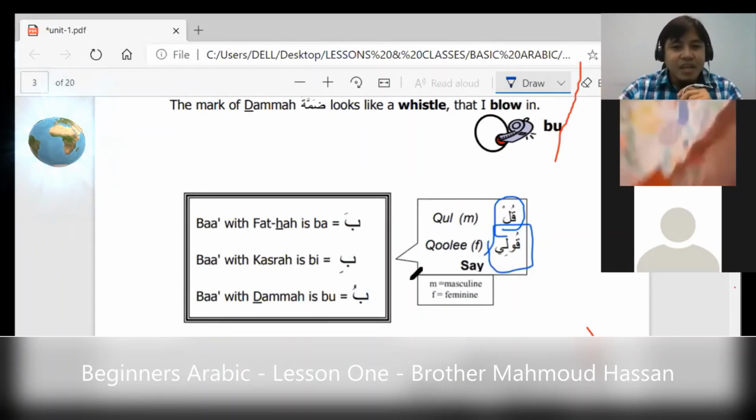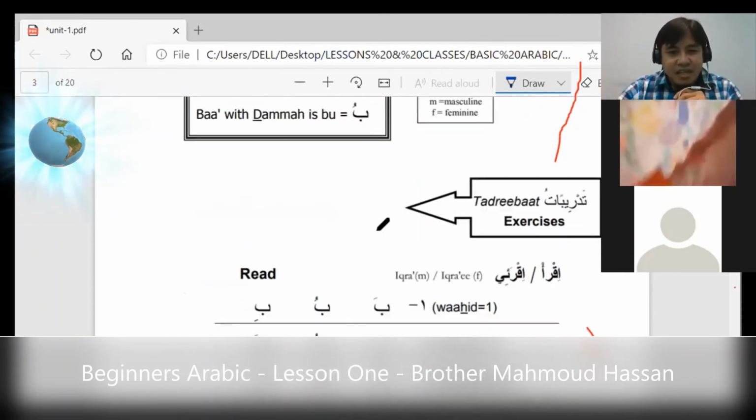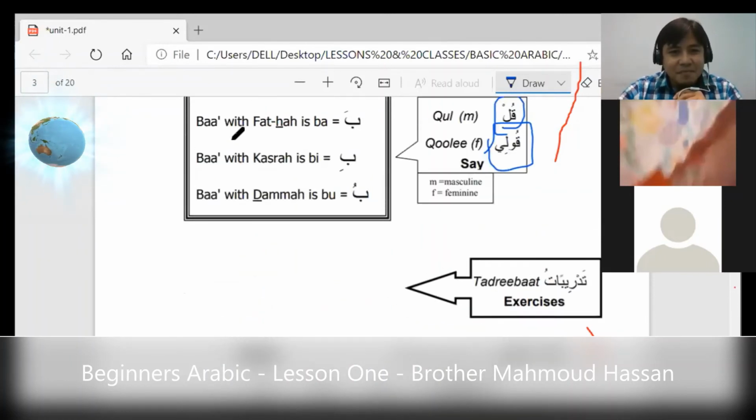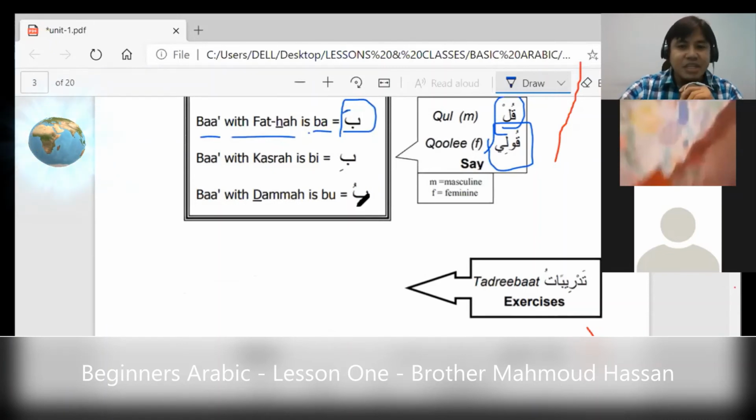Now, as an example, see here, ba with fatha is ba. The fatha is here on the top, so you read it as ba. Very simple. Then ba with kasra is bi.